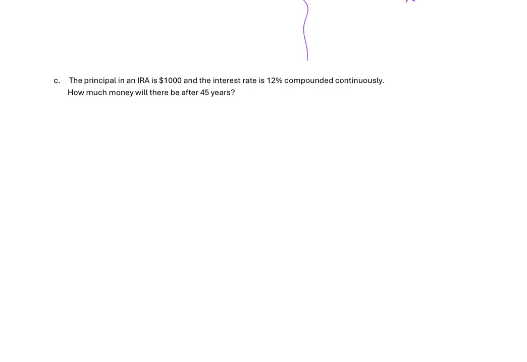All right, here we have compounded continuously, so this means we do need our last formula. And our last formula is A equals P-E-R-T, or P times E raised to the RT. All right, we are going to plug in our information.